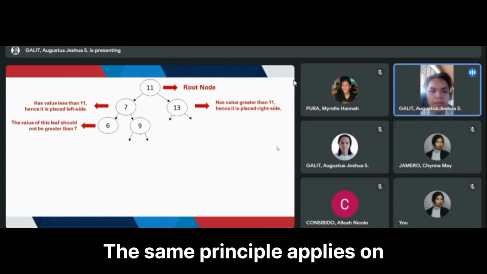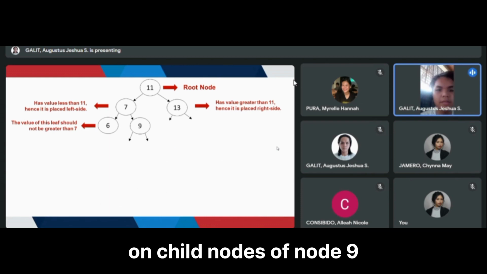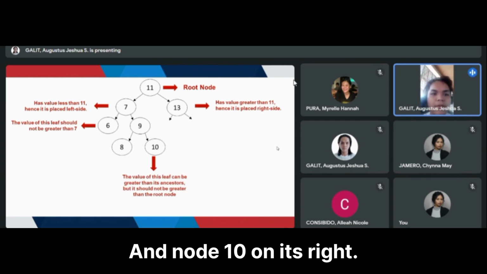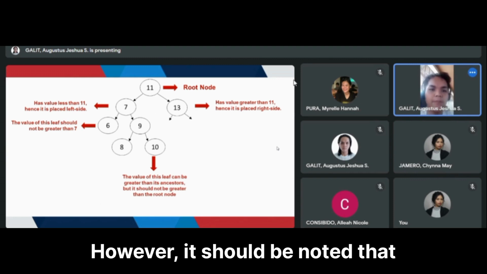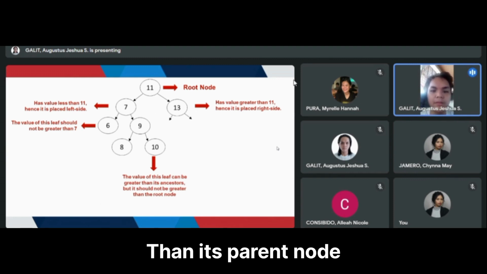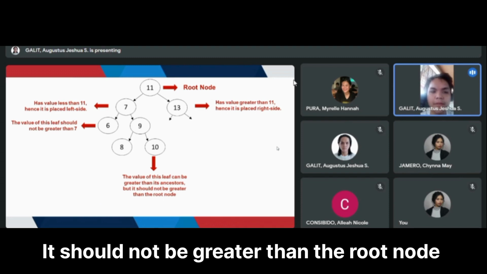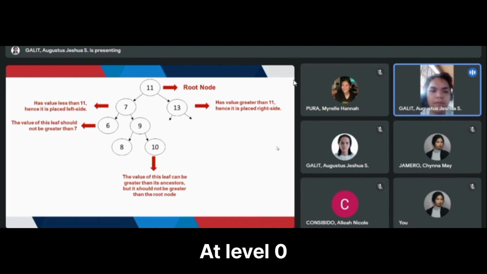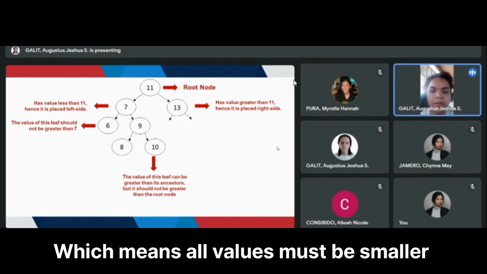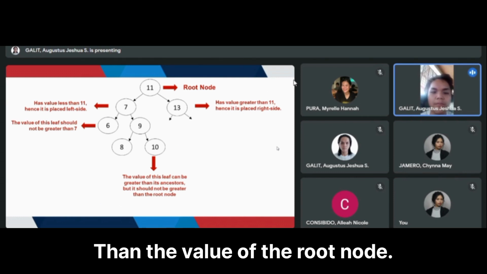The same principle applies to the child nodes of node 9, with node 8 placed on its left and node 10 on its right. However, it should be noted that although node 10 is greater than its parent node, it should not be greater than the root node at level 0, because it is part of the left subtree, which means all values must be smaller than the value of the root node.